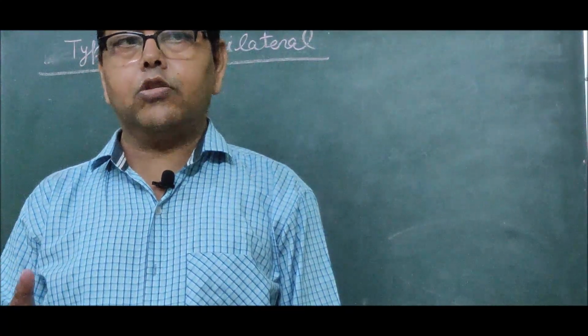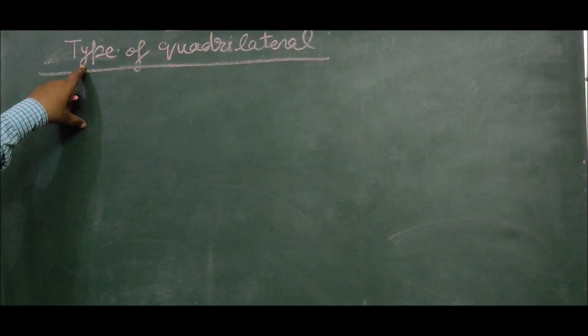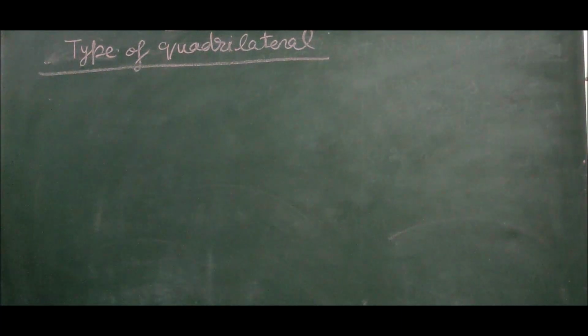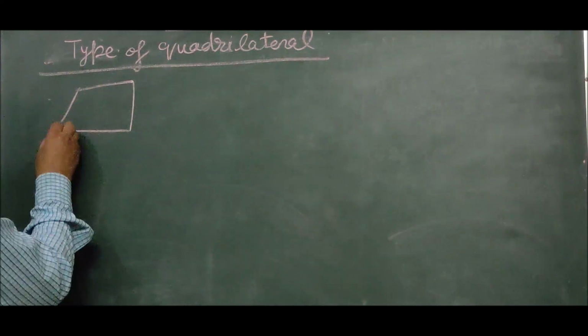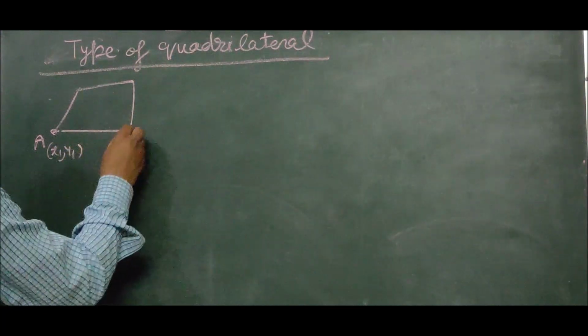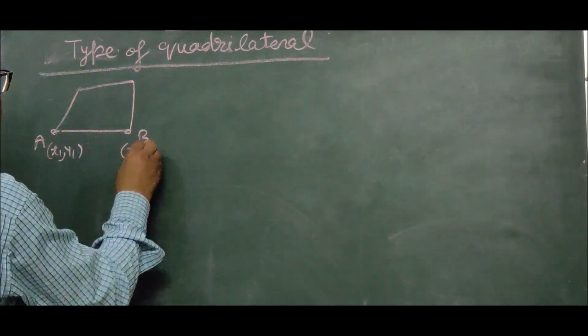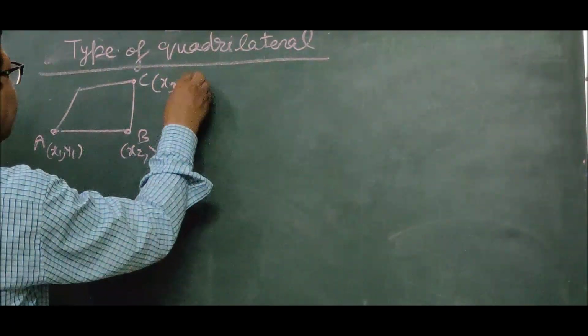In the next topic, if we want to check the type of quadrilateral, suppose you are given the coordinates of 4 points A, x1, y1, x2, y2, x3, y3 and x4, y4.